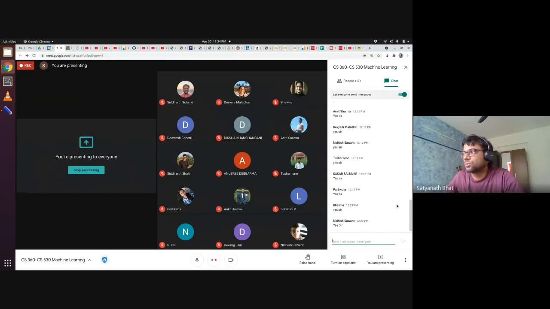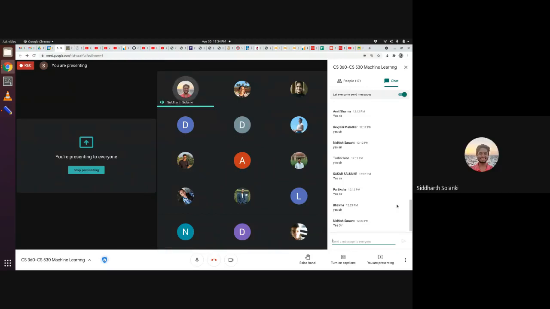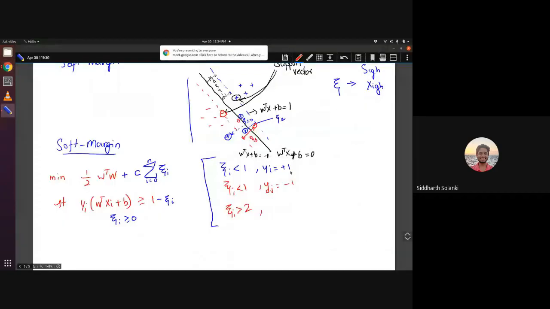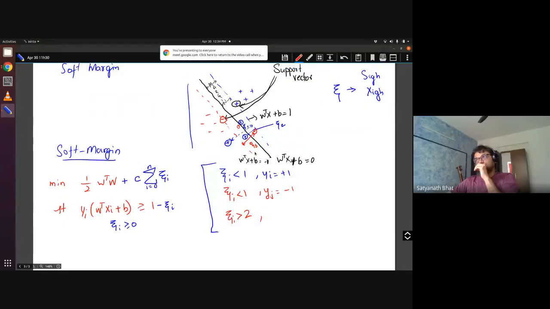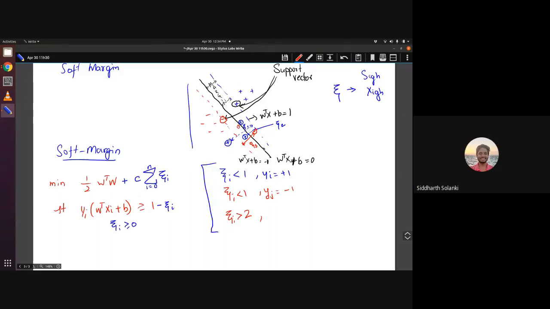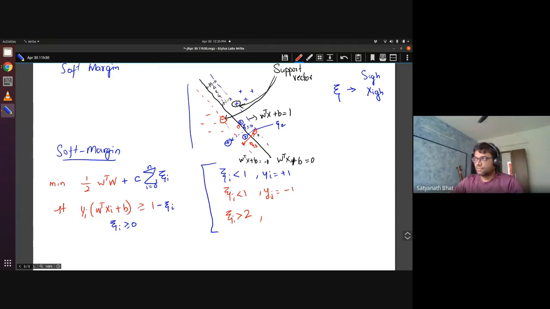Sir, we mentioned that we take the line corresponding to 0, W transpose X plus B. So even if it is between 1 and 2, if it is on the left side of the black line, then we are still in the wrong half space. Yeah, even if it is on the wrong half space. But at least what I am saying is this is like a no man's land. If you fall here, it is probably more acceptable than being completely on the other side. That is all I am saying, Siddharth.